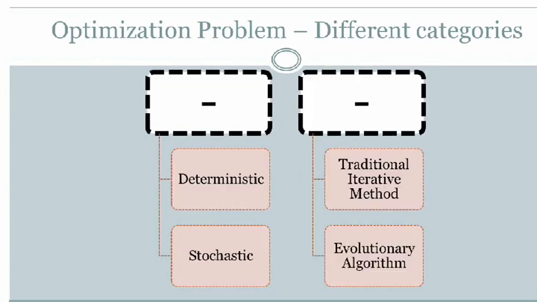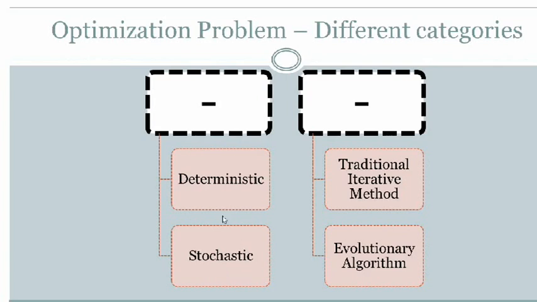And if we discuss from another point of view, the optimization problem may be categorized into two broad categories, that is deterministic and stochastic. What is deterministic? That is, specific causes produce specific effects. In deterministic problems, specific causes produce specific effects. And stochastic means it involves randomness. It is somehow probabilistic.